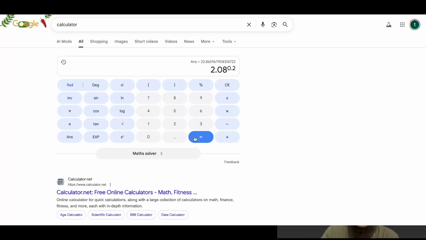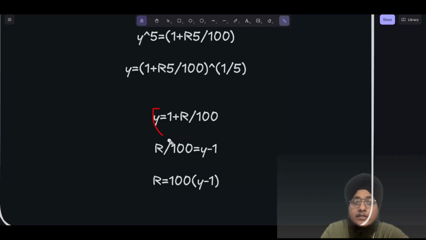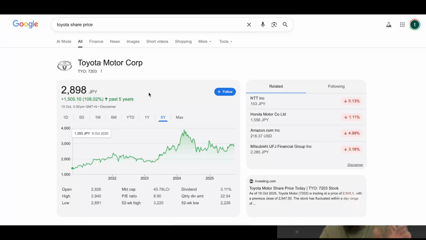Right, which will be 1.157. What is 1.157? It's y. So r will be 100 into y minus 1. 1.157 minus 1, 0.157. 0.157 into 100, 15.7. So Toyota gave us on an average 15.7% return per annum.